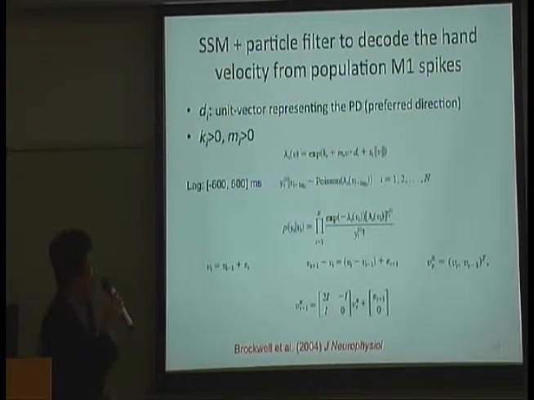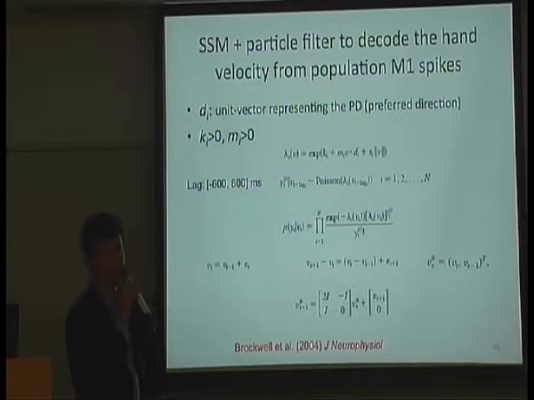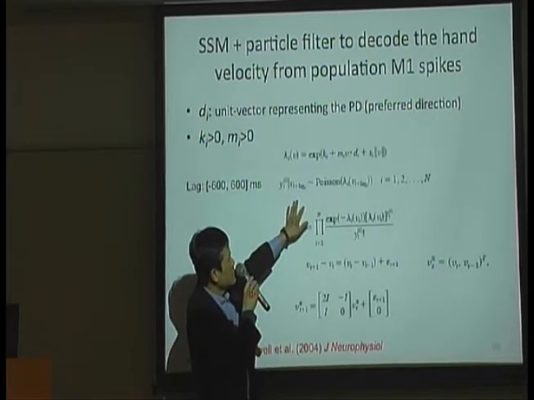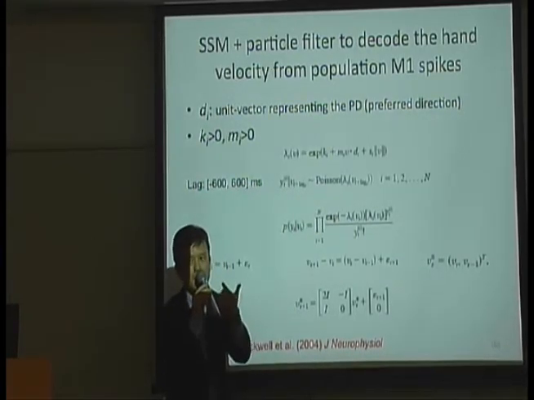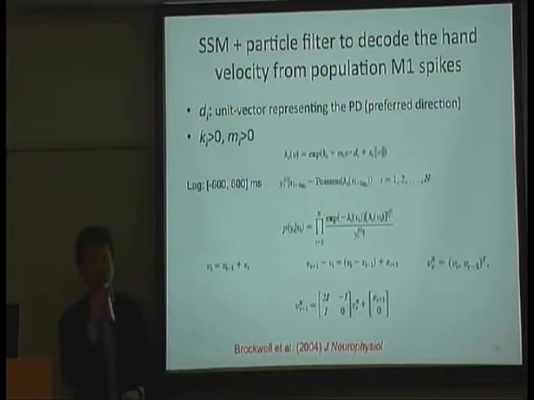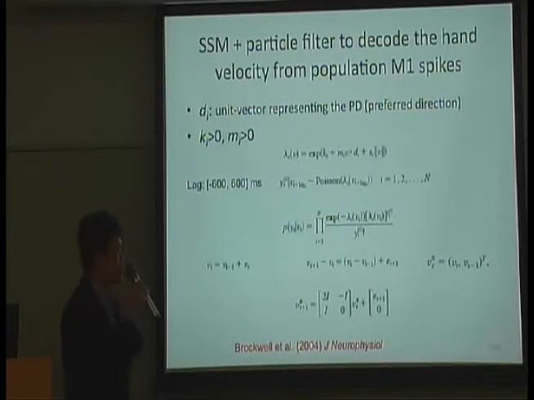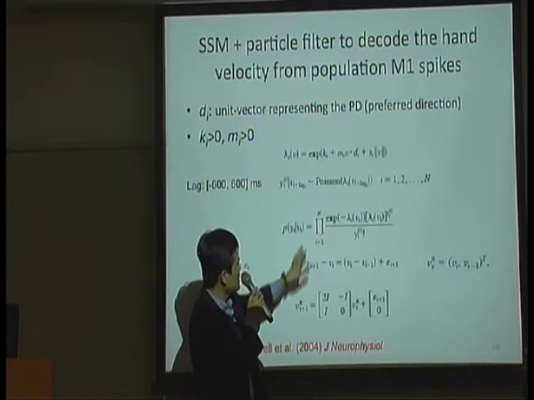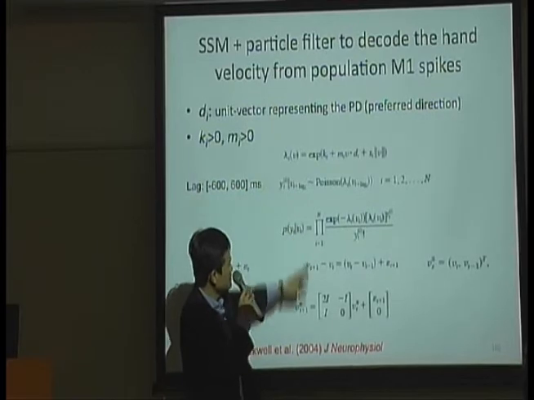And then in their work, they also use the particle filter approach. They estimate the receptive field, and then assume the likelihood is the Poisson likelihood using the spike count, with a large temporal bin, I believe around 80 or 100 milliseconds. Then you have a number of units m, and just take the product, given the hand velocity.